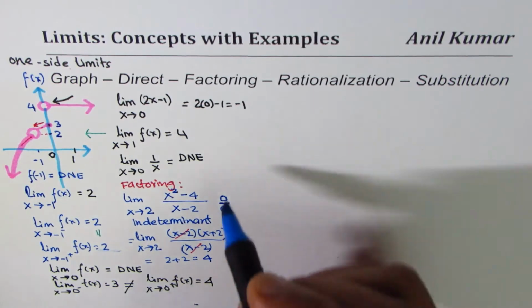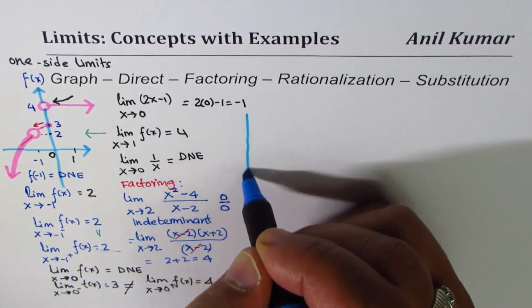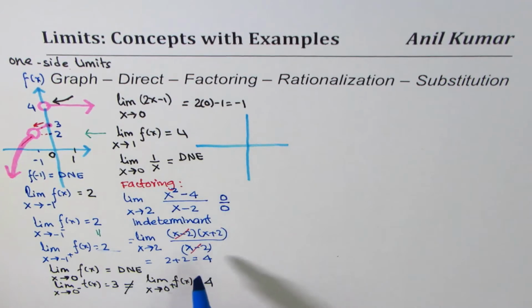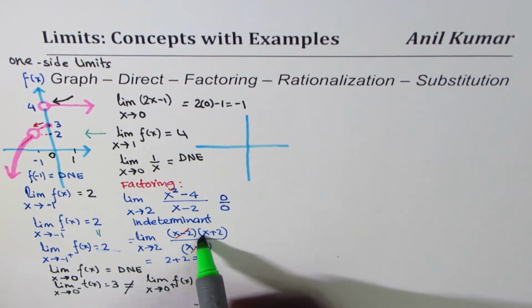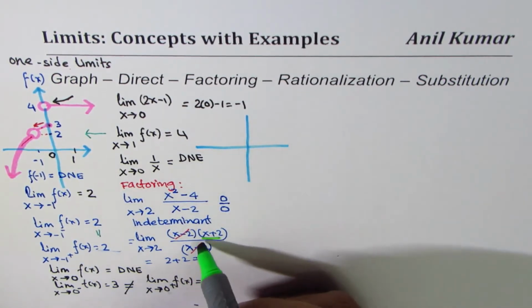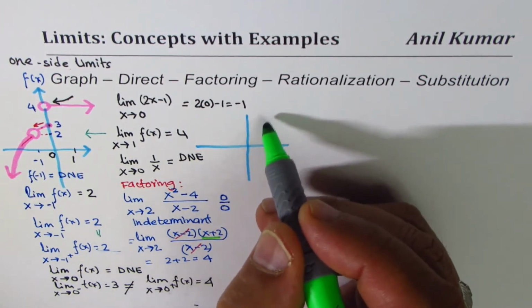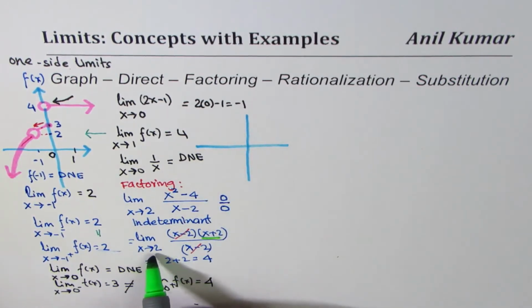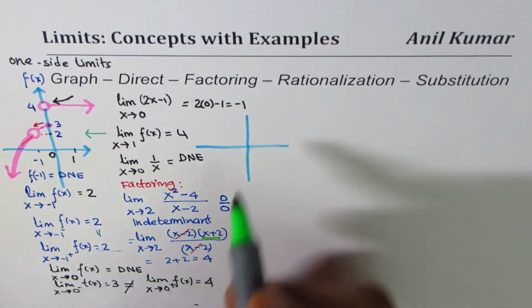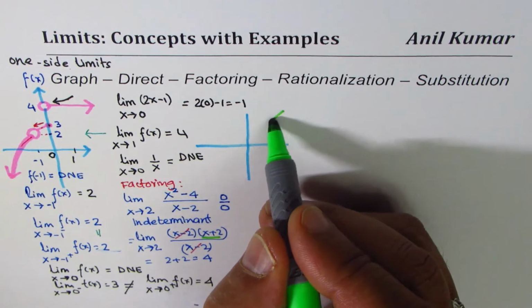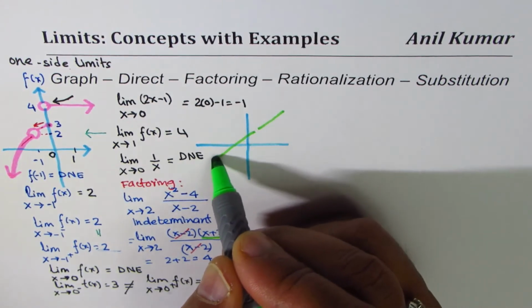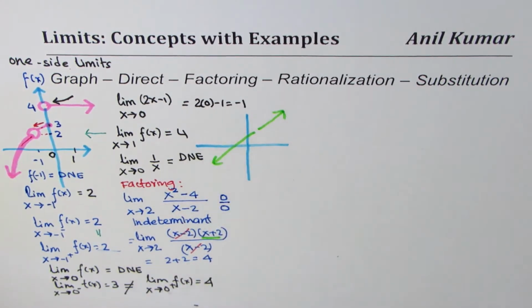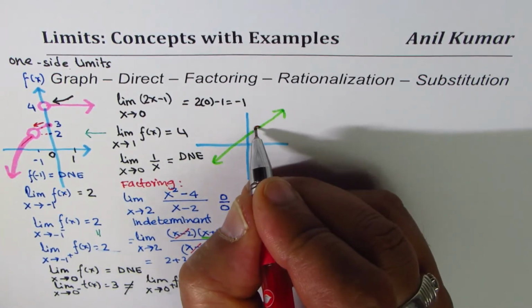Let me sketch this in a graph to make you understand the concept. So what we get here is a straight line, which is x plus 2, right? So x plus 2, slope 1, y-intercept of 2, and it is not defined at 2, this function, right? Since the denominator is 0. So we could have a graph of this kind, where at 2 the function is not defined.